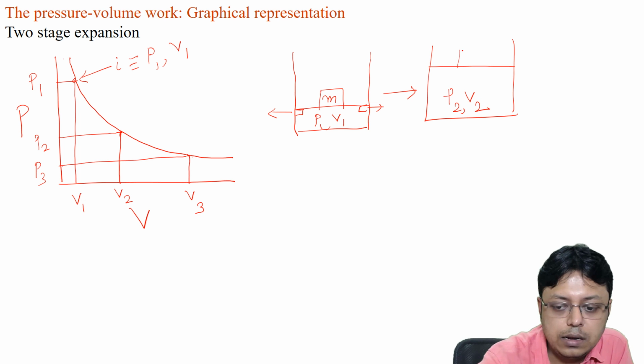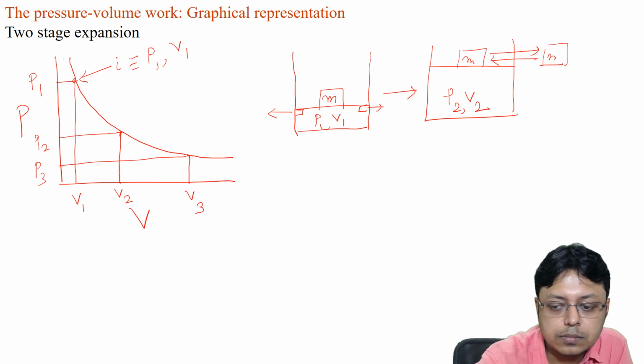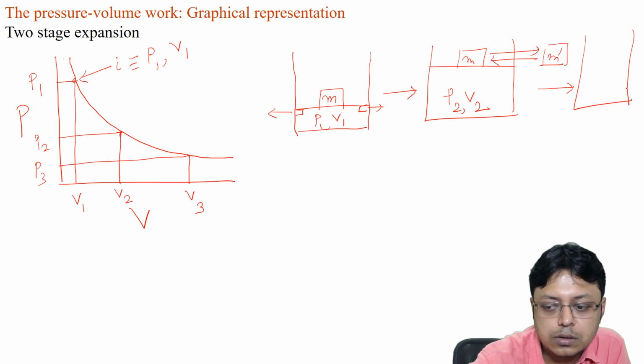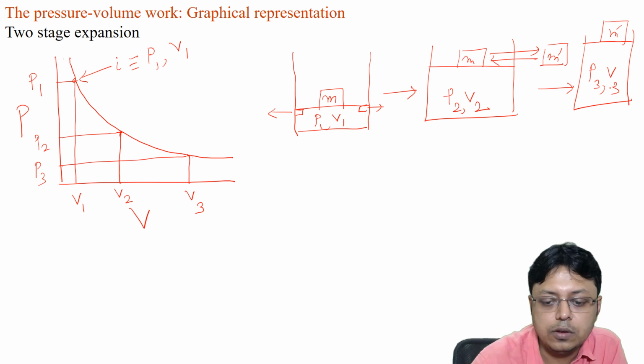Then again we change the mass by some other mass so that the gas further expands, and the final pressure is P3 and the final volume is V3.